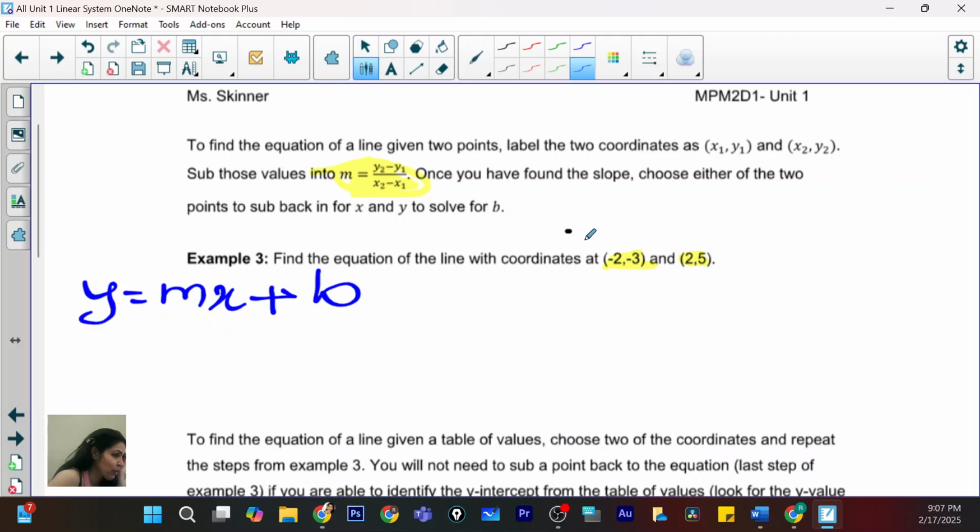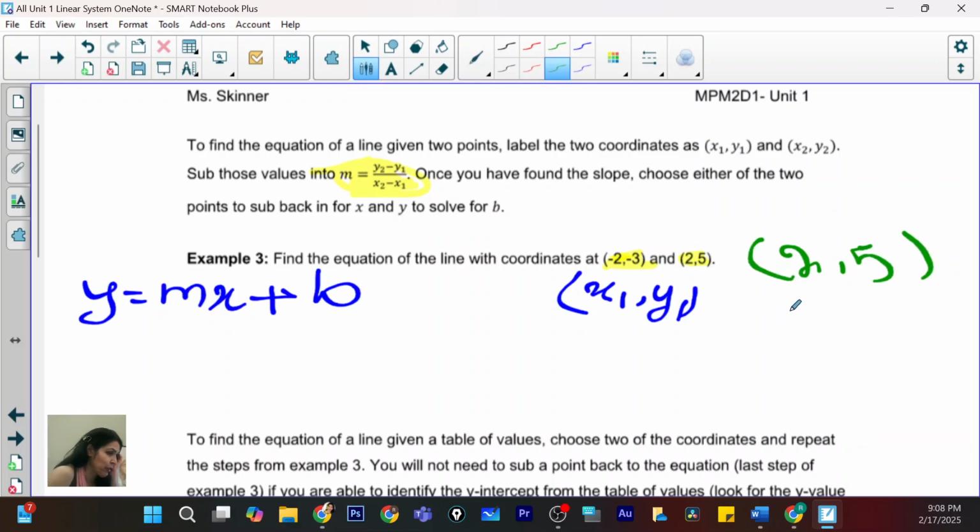The first point: we call this x1, and 3 is y1. And the second point, 2 and 5: this one is x2, and this is y2.